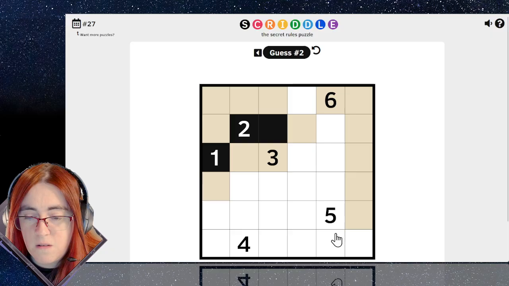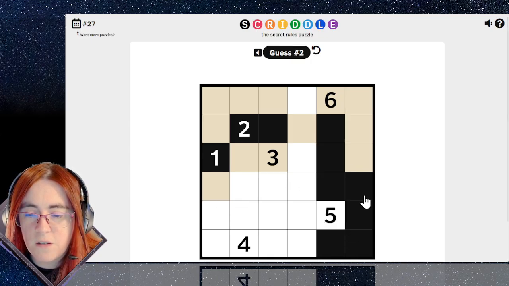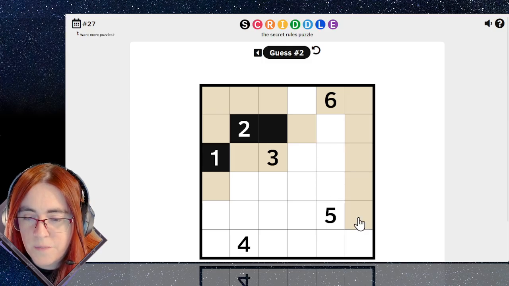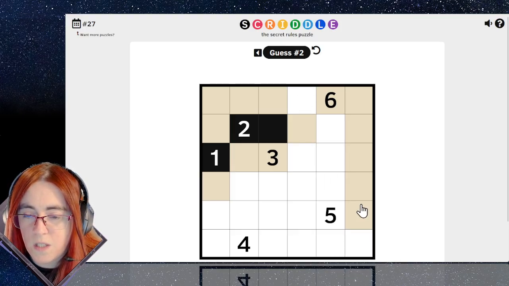This one, I think, makes the 5 impossible, because the 5 would have to be shaded and it would have to be like... Oh, no, not necessarily... Oh, no, yeah, the 5... Oops, sorry. So we're saying this one is not possible because it would mean the 5 would have to be shaded, and this would have to be shaded. Yeah, that just wouldn't work.